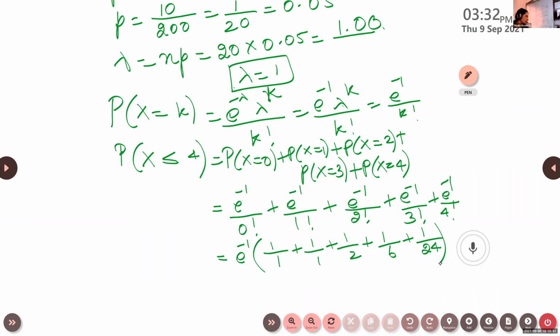Then in the denominator, also take the LCM, simplify and find the answer. Aparna, is it okay? Yes, ma'am.